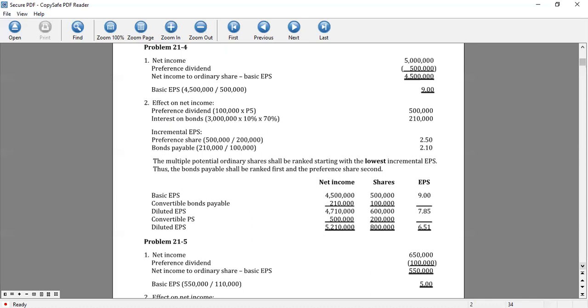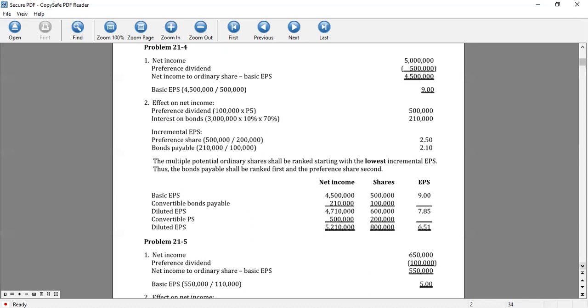The multiple potential ordinary shares shall be ranked starting with the lowest incremental EPS. Thus, the bonds payable shall be ranked first and the preference share second. The fact that the bonds payable, we have the incremental EPS equal to only 2.10, and on the preference stock it's 2.50.